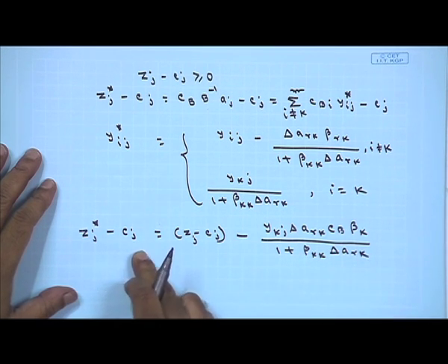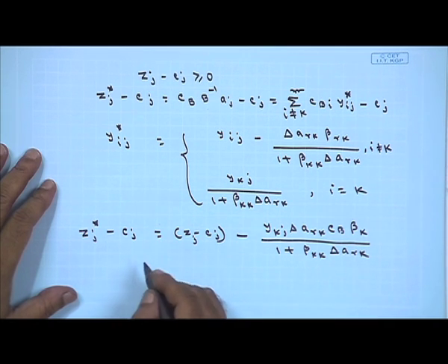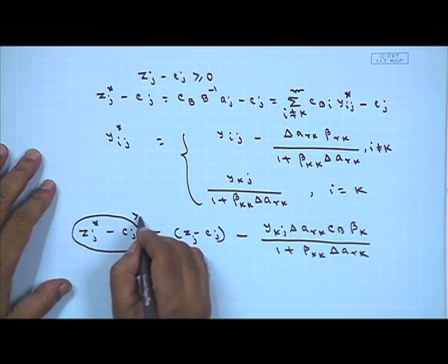So, once I am getting z_j star minus c_j, for optimality this quantity is greater than or equal to 0.